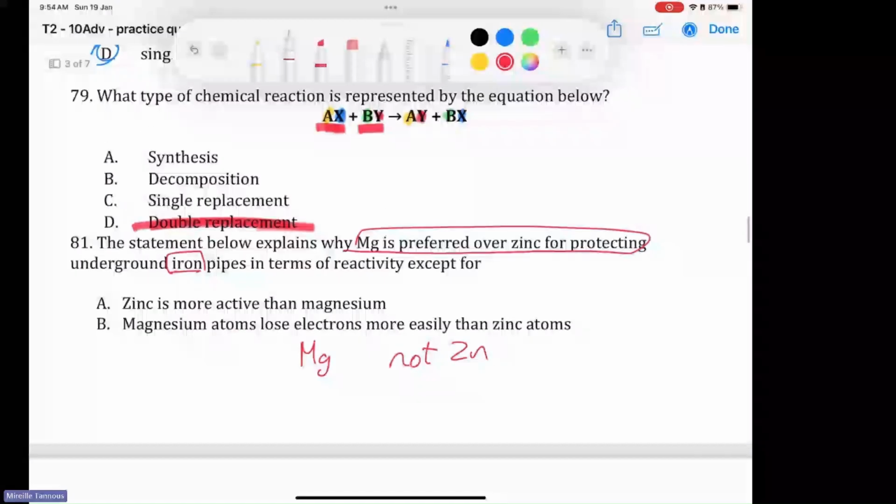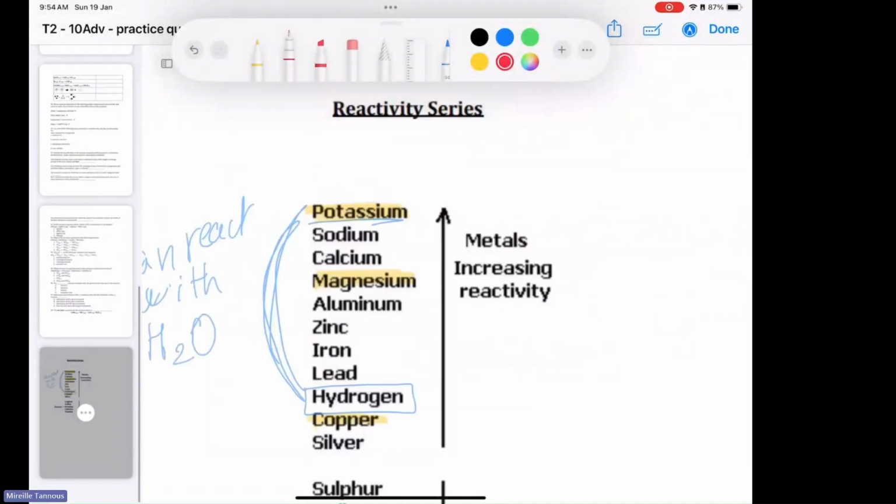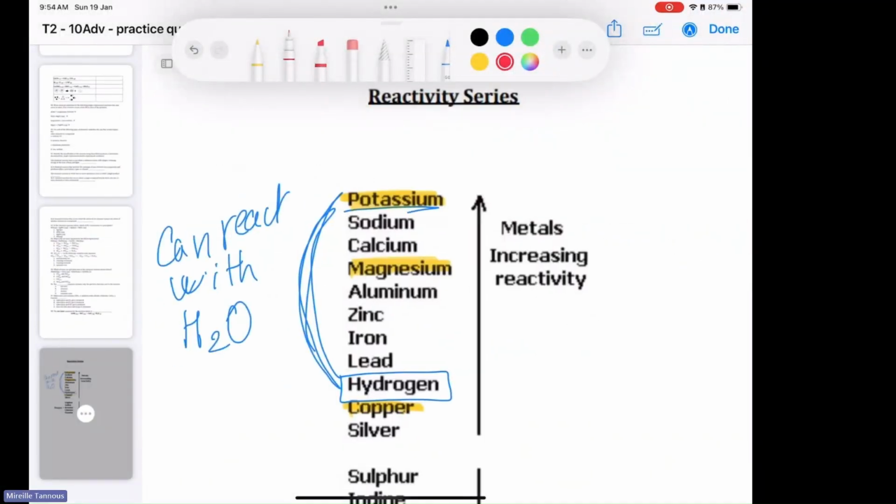Now, I'm just going to show you in the reactivity series. This is magnesium and this is zinc and this is iron. Any pipe made with iron, with the days, it will rust. So we coat iron, we paint the iron with zinc to protect it, to protect it from reacting.